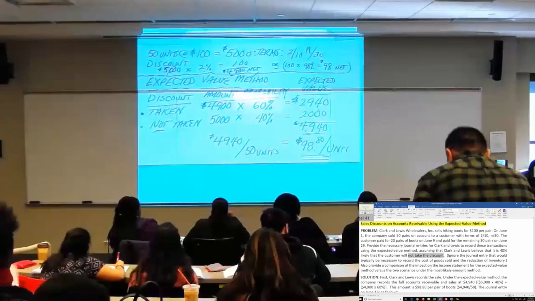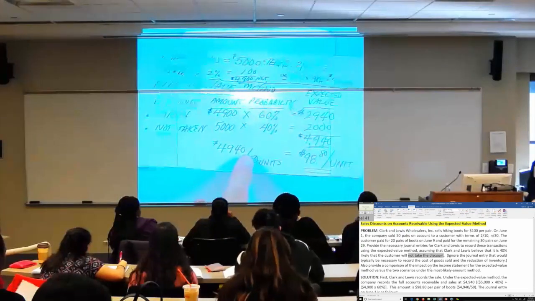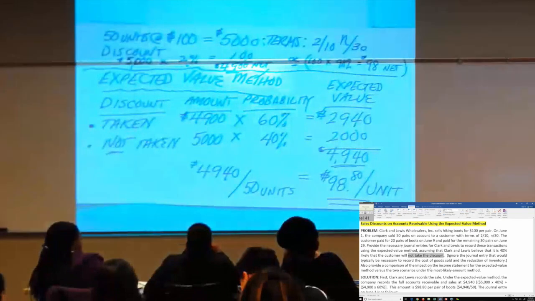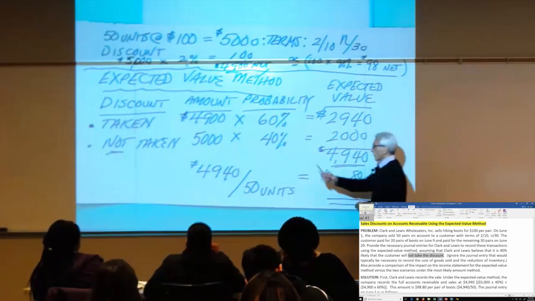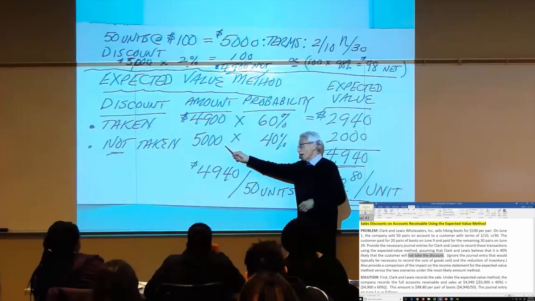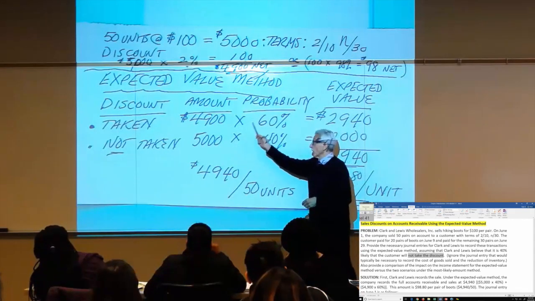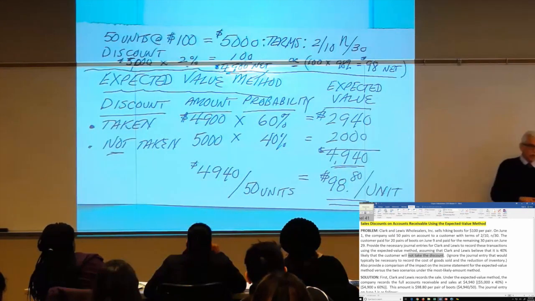Now, in using the expected value method, you have to create a probability weighted average, and I know you've seen this in business research methods or any type of statistics, so that if 40% don't take the discount, 60% will. Those that don't take the discount will pay you $5,000. Those that take the discount will pay you $4,900. When you multiply them by the probabilities, you get $2,940 and $2,000.